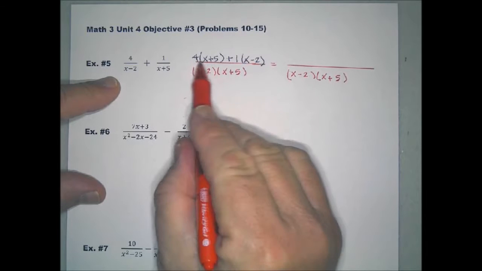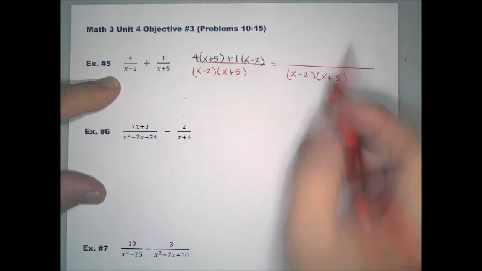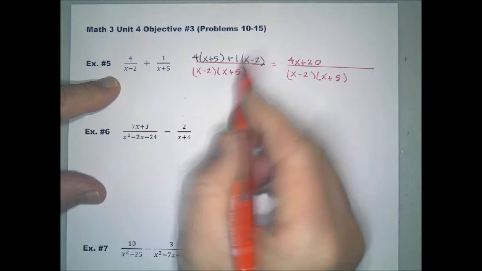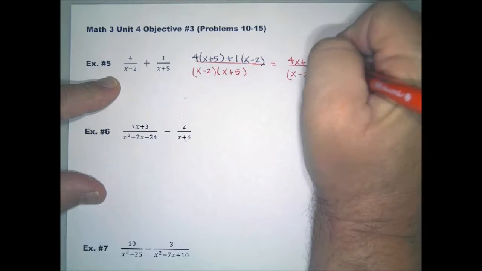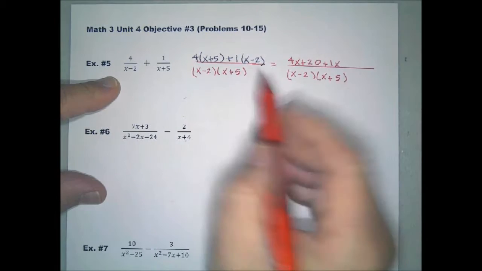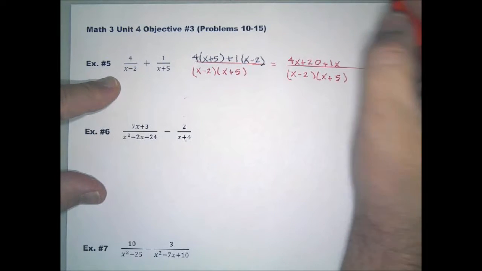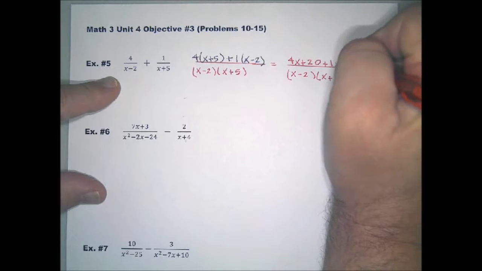The numerator is 4x plus 20 plus 1x minus 2. I'm just distributing that 1, plus 1x minus 2.